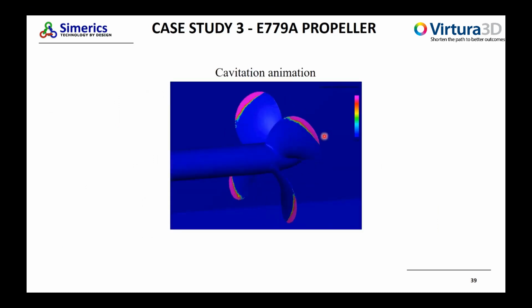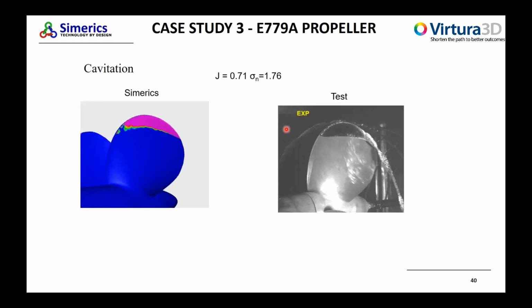So let's look at the cavitation, which is essentially of interest for us. You can see the cavitation bubble formed at the tip here on the suction side. Now we are looking at different conditions and how the bubble looks compared to the test data.